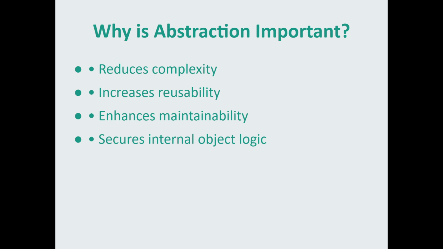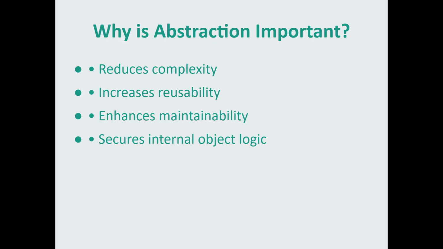Now, you may ask, why is abstraction important? There are several reasons. First, it reduces complexity. You don't need to overload your brain with unnecessary details. Second, it promotes code reusability.